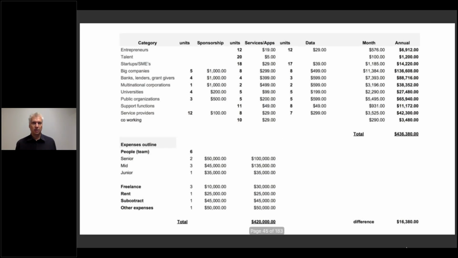So here's a budgeting example to give some ideas of structuring a revenue source, what type of personnel there should be in place as the expertise for sustainable operations, and what type of fees could be collected, for example, from data monetization or providing information or support functions and so forth.